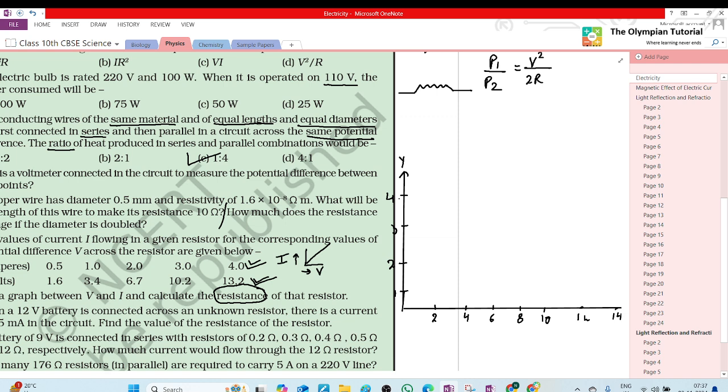Plotting. What about Ayukta? Ma'am, I'm plotting the graph. After plotting, let me know, are you getting a straight line or not?